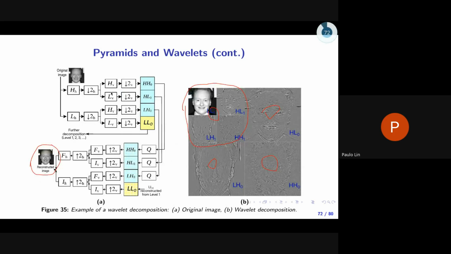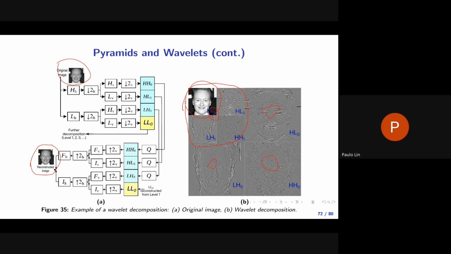For example, we can see in this decomposition that each time we perform the decomposition at different levels, we're reducing the size of the low level image, which is this one. But if we consider the size of this decomposition, it is actually the same size as the original image.